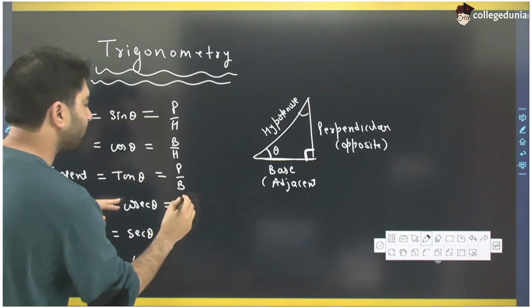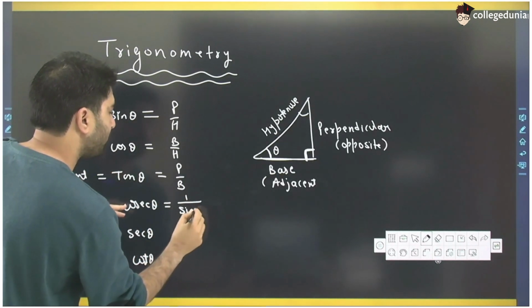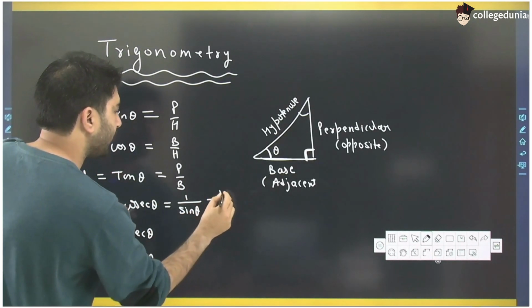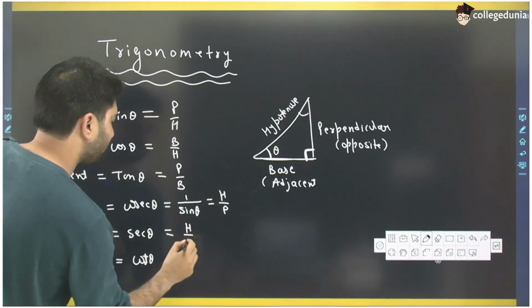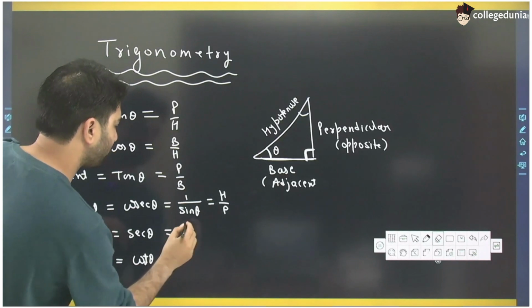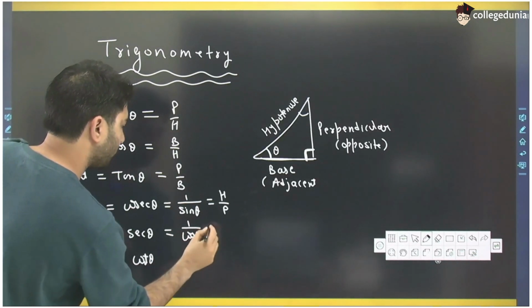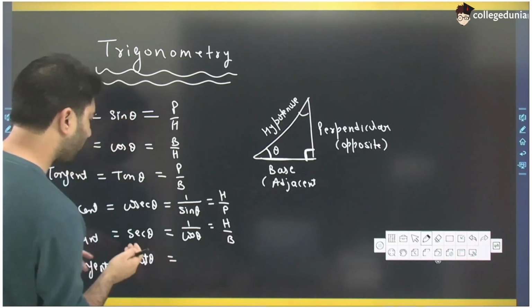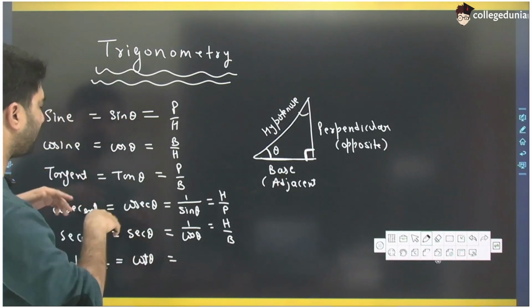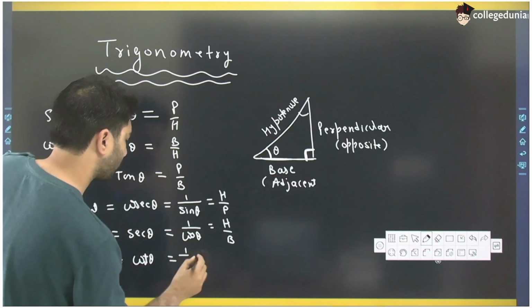Cosec was the reciprocal of sine, 1 by sin theta, which means H by P. Sec was 1 by cos, which can be written as H by B. Cot was the reciprocal of tan, 1 by tan.